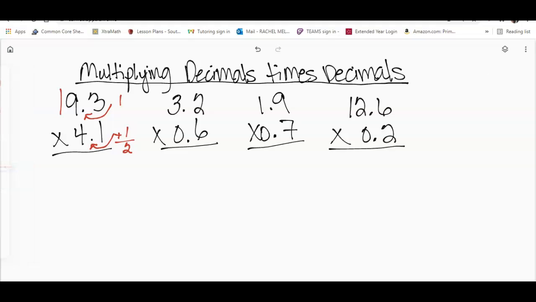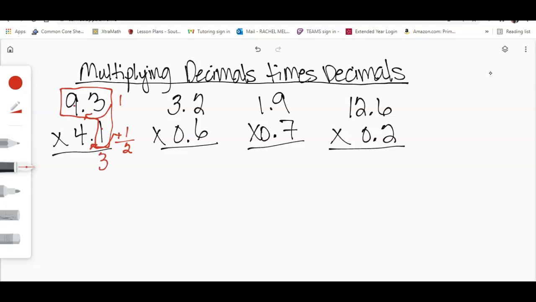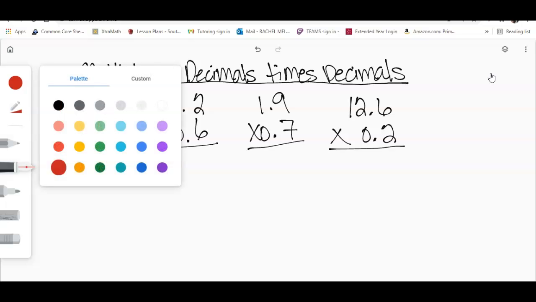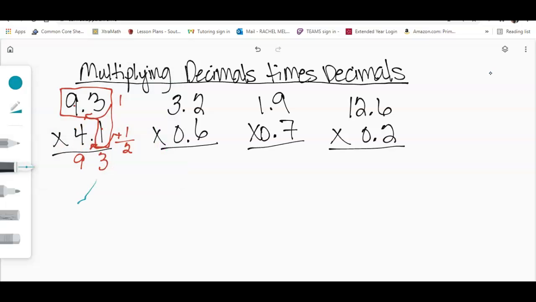So I'm going to do my ones first. Okay, so 1 times 3, 1 times 9. Then I'm going to go over to what in essence is the tens place.